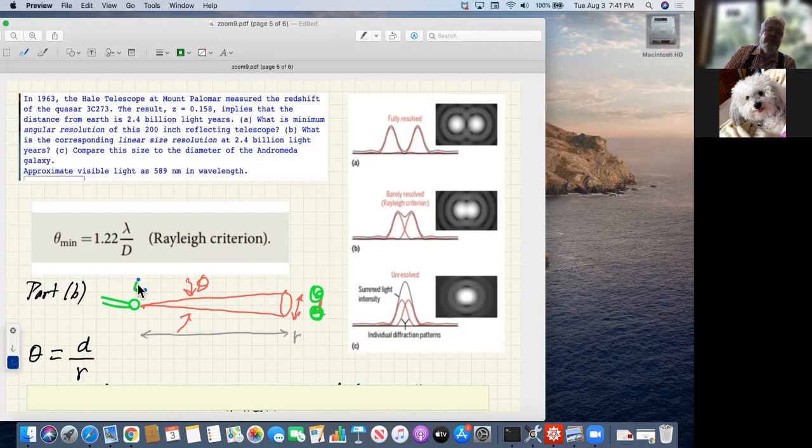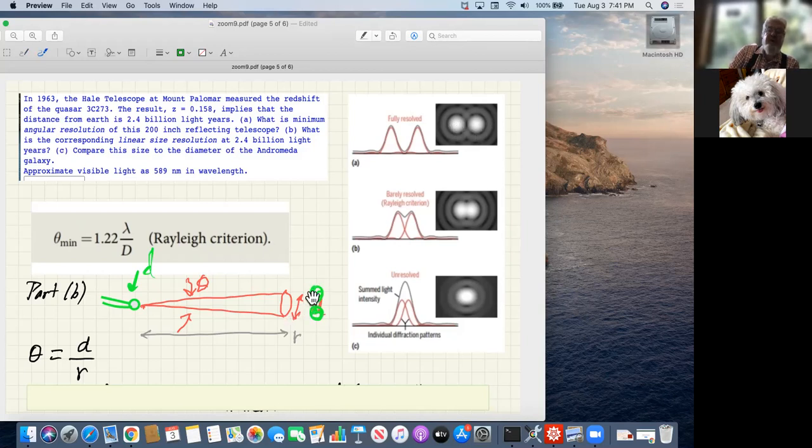This is where the diffraction occurs. Whenever waves go through an opening, they spread out. And so the two stars would produce two diffraction patterns.